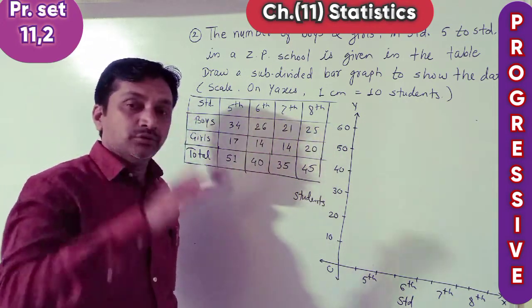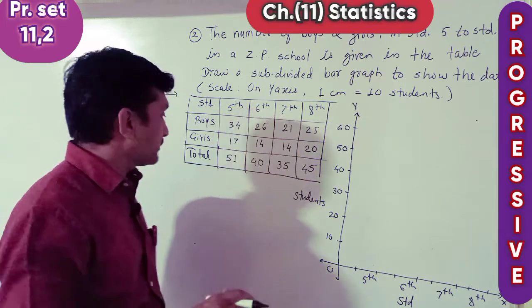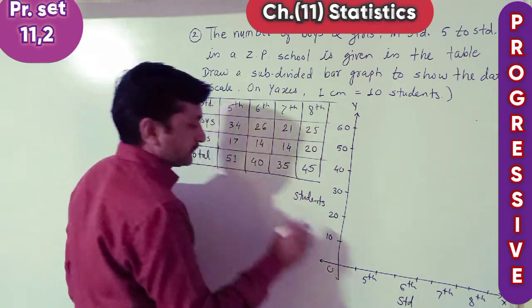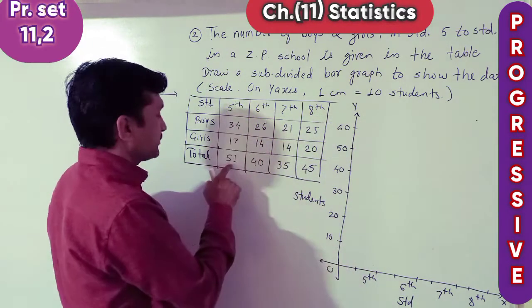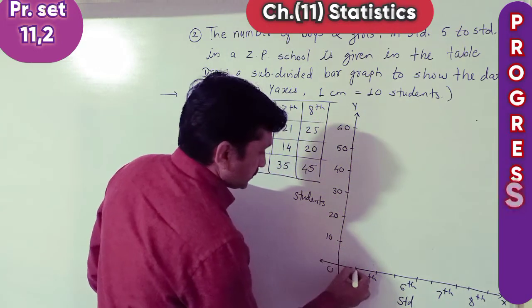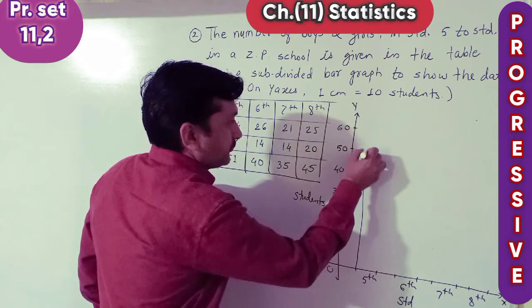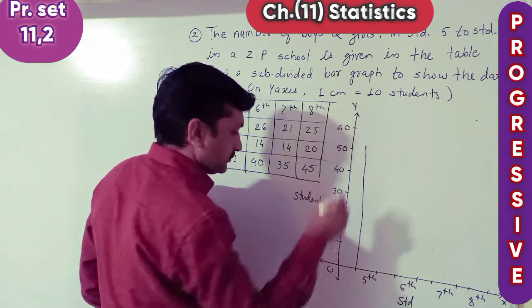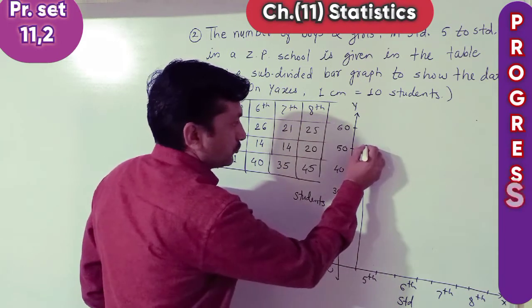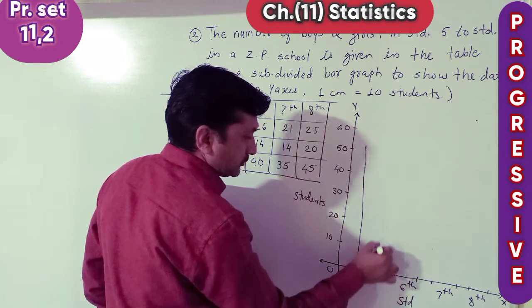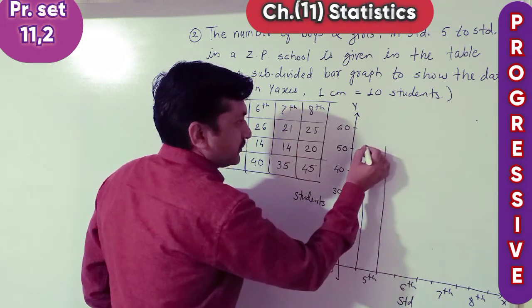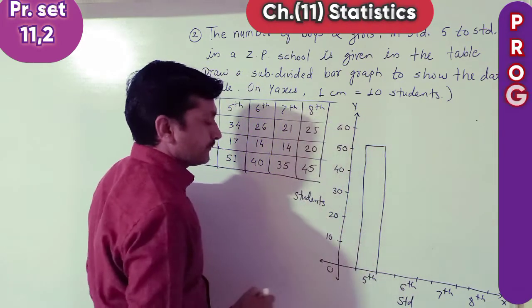Now first of all draw the rectangle at the height of the total. 5th standard total is 51, so draw a line till 51, just above 50.